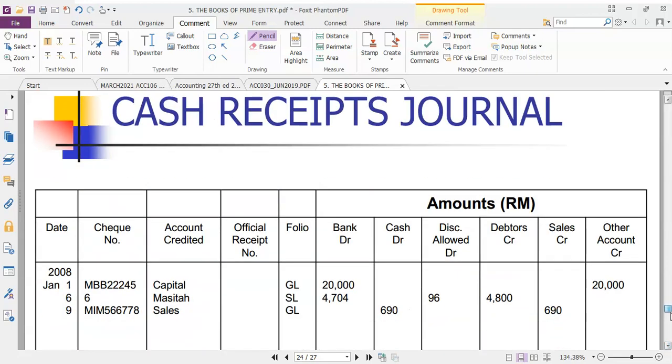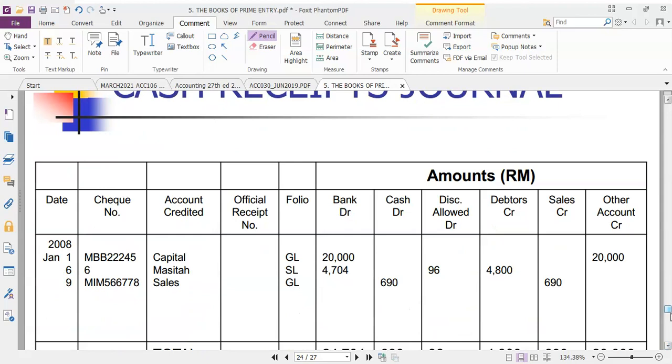Okay, that cash receipt journal bentuk dia lebih kurang macam cash payment. Tapi yang berbeza dia dekat bahagian bank, kolom bank dengan cash ni dengan discount allowed ni berbeza. Ni debit lah sebab receipt. Receipt means that duit kita masuk. Bank, masuk cash, so bertambah, mestilah sebelah debit.